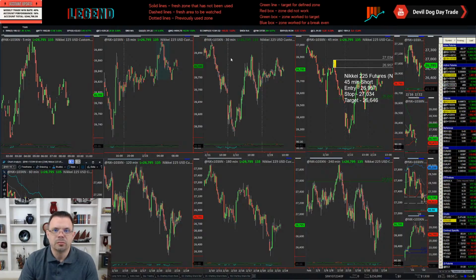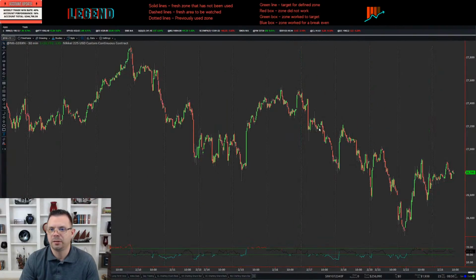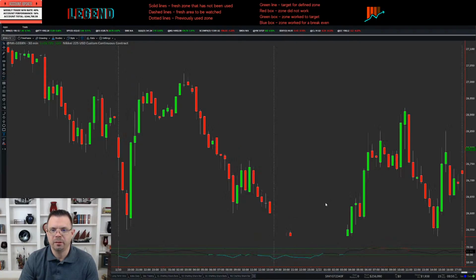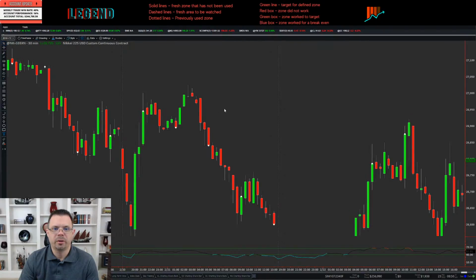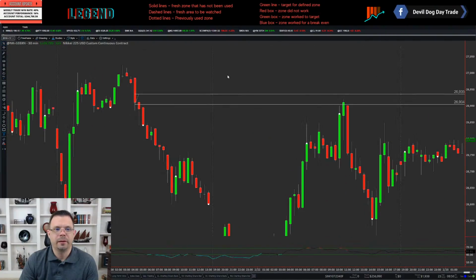And looks like we actually had something that I may have missed yesterday. Technically speaking, we did have a picture perfect zone right here, and the second leg out from the zone was shorter than the first leg out, so we would have gone about halfway up into it, and this trade worked out very, very well.